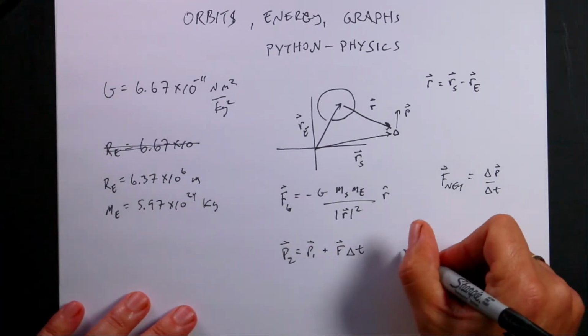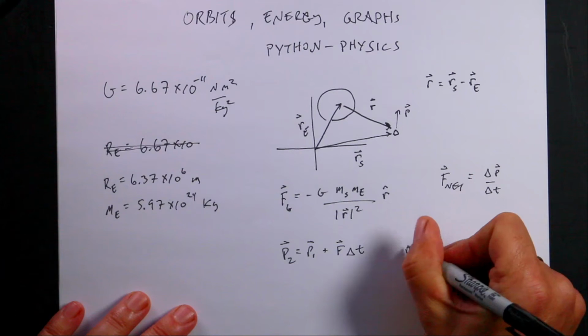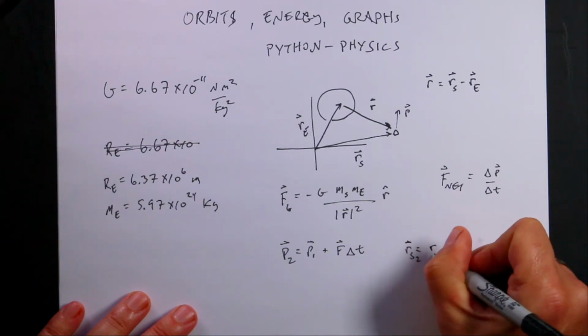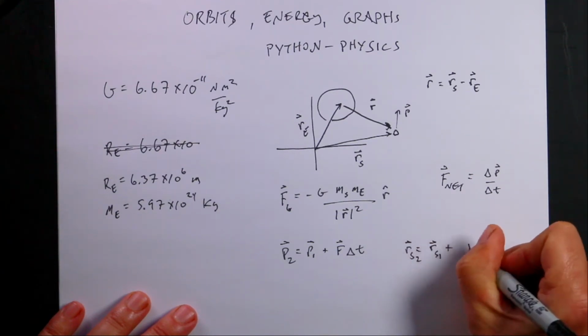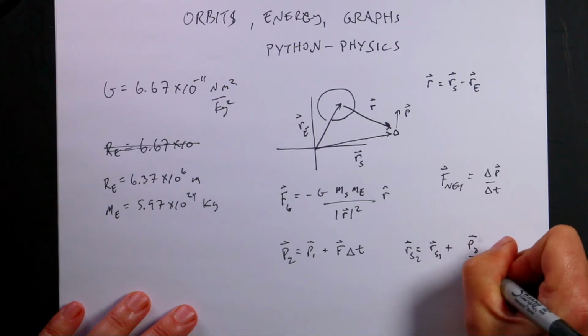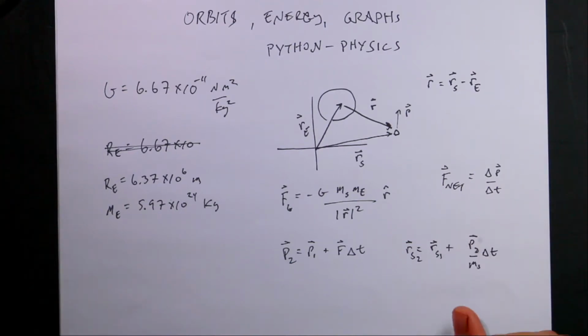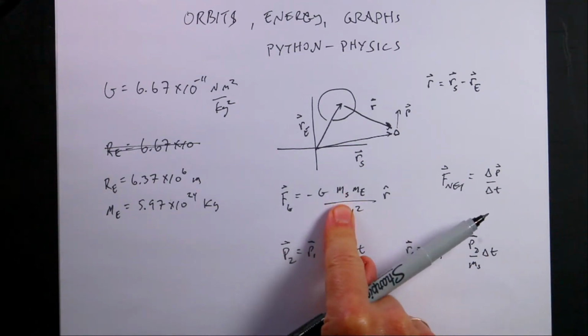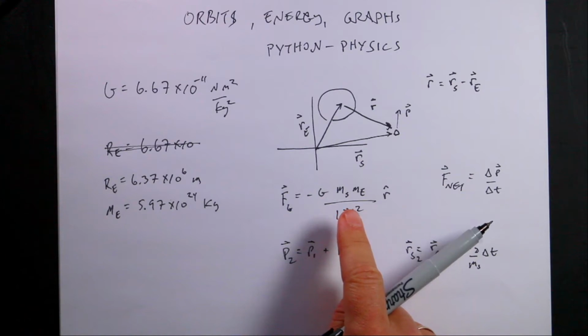And then I can update the position of the spacecraft. RS2 equals RS1 plus p2 over ms delta t. And I'll just keep doing that over and over again. But every time I move the position of the spacecraft, I need to recalculate the gravitational force. So that's what's going to be fun.